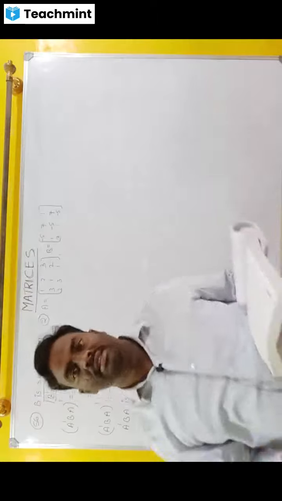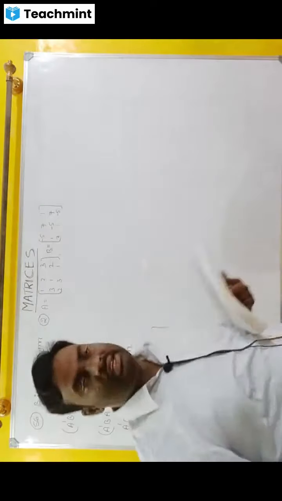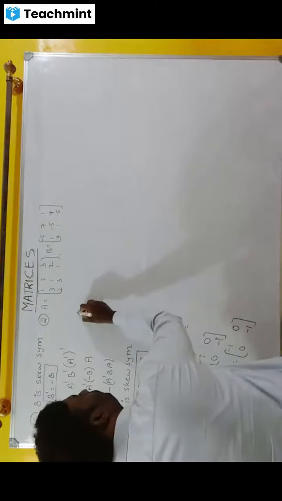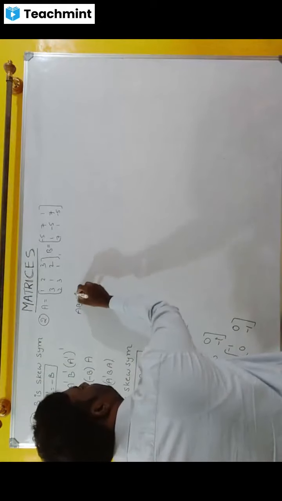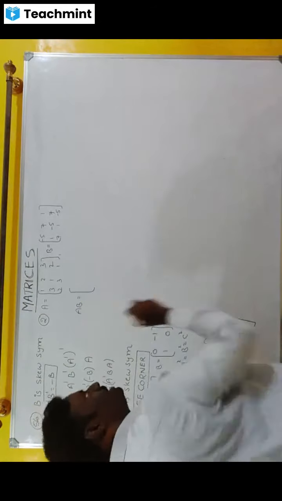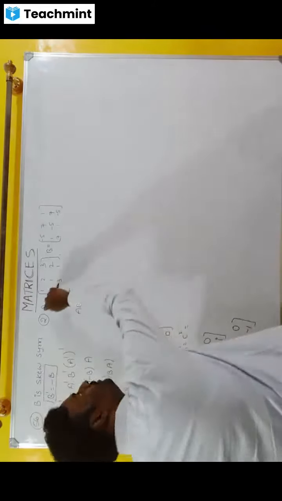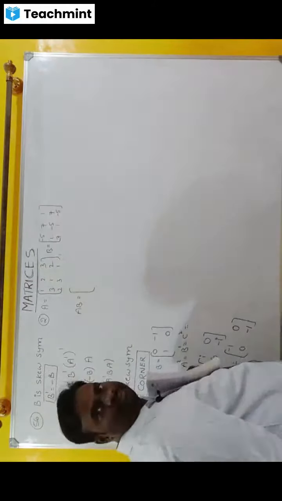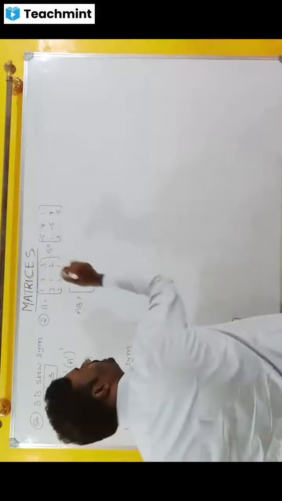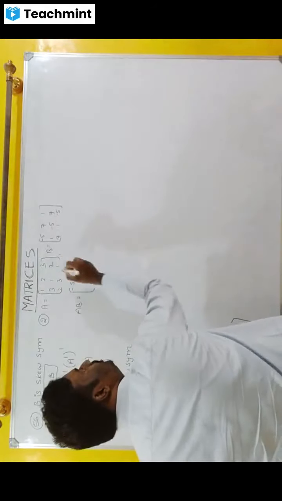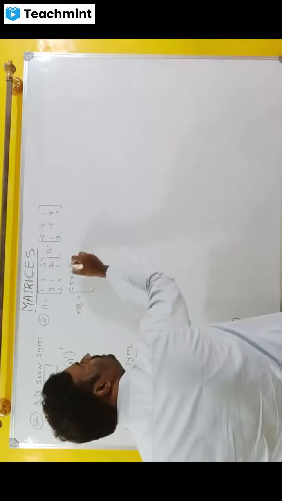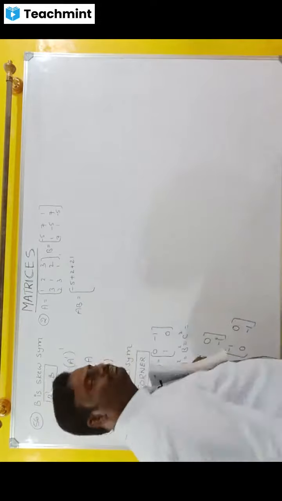So two matrices are given. We need to find A into B. How to find A into B? Matrix multiplication concept, row into column. I am taking first row, first column. 1 into minus 5, 2 ones are 2, 3 sevens are 21.